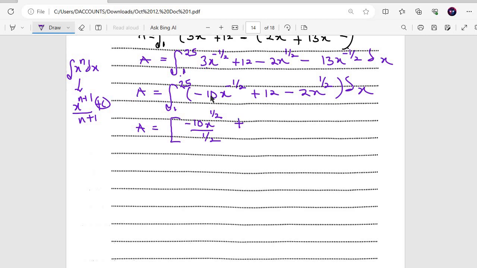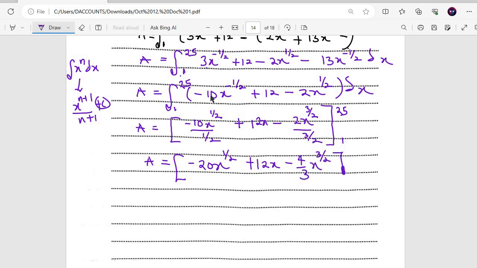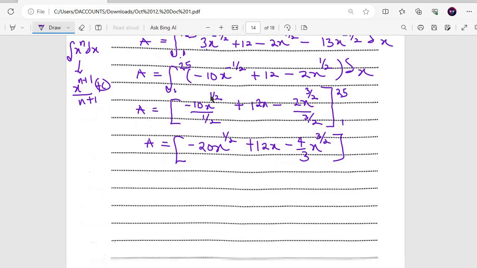When you integrate a constant, it's 12x, while this one will give 2x to the power half plus 1, 3 over 2, over 3 over 2. Don't forget, the limits are still very valid. So when you simplify this one, you're going to give us minus 20x raised to the power half plus 12x. This one will give minus 4 over 3 x raised to the power 3 over 2. Now make use of your limit.